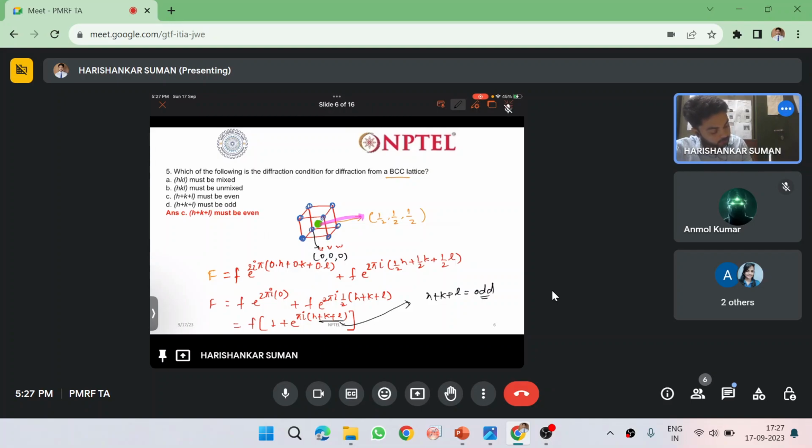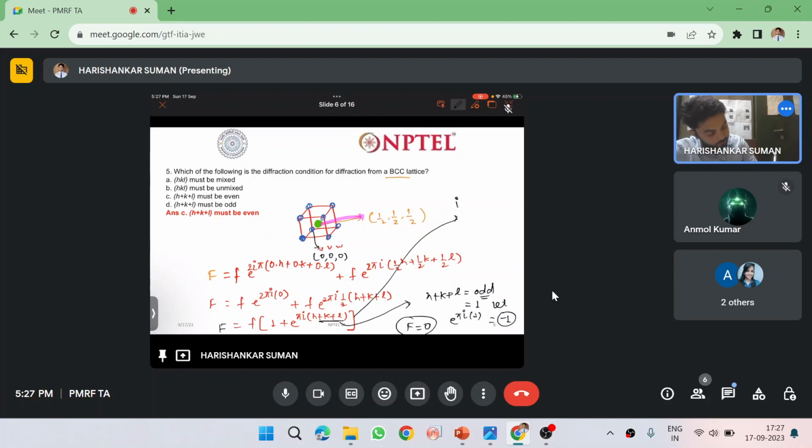Let's say 1, e to the power of i pi will be minus 1. So F will be 0. So there is no diffraction.